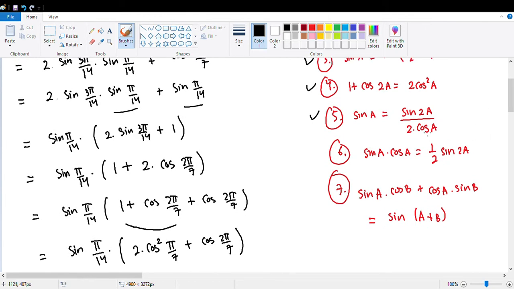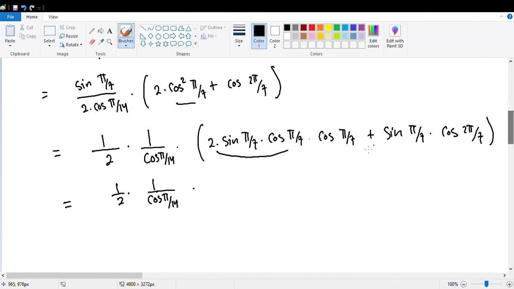So we use formula number 6 for these terms. So this becomes sine 2 pi over 7 times cosine pi over 7 plus sine pi over 7 times cosine 2 pi over 7.